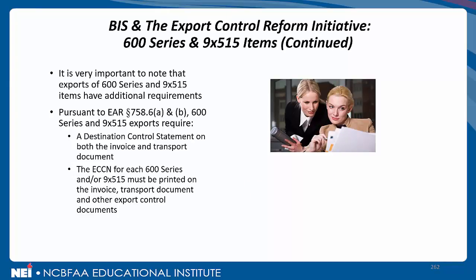Before we finish up in this section, there's a couple of important points we need to make. First one, it's critical to note that exports of 600 series and 9X515 items have additional requirements. You should recognize what they are. We've talked about them. Pursuant to EAR Part 758.6A and B, 600 series and 9X515 exports require, for a sub-bullet point, a destination control statement.